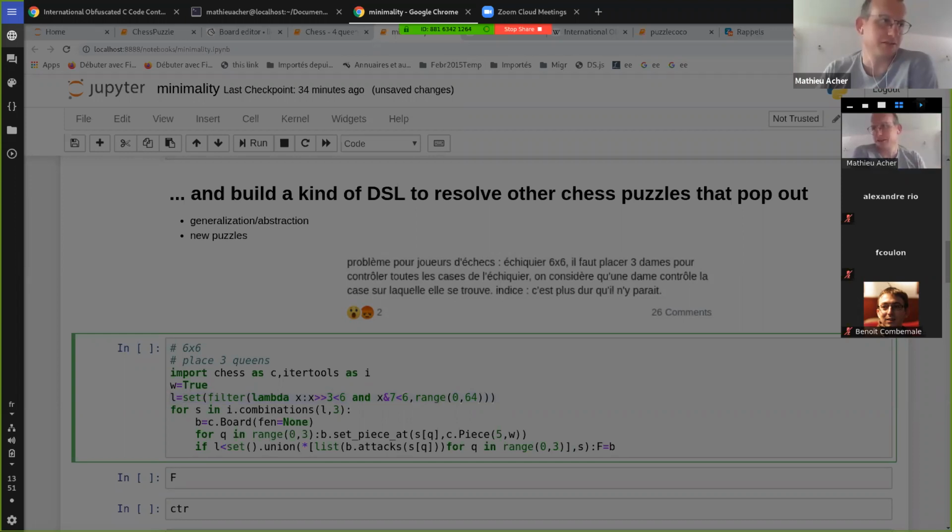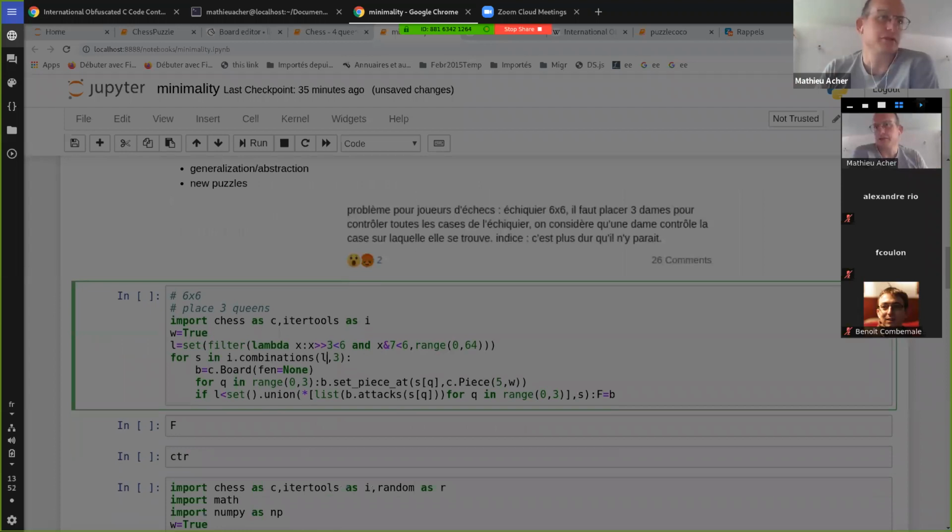So that's what I did here. It basically filters out squares that are in the 7th column and the 8th column and 7th line and 8th line. And then you have the combination, and you can quickly find a solution. It fits in a tweet again.